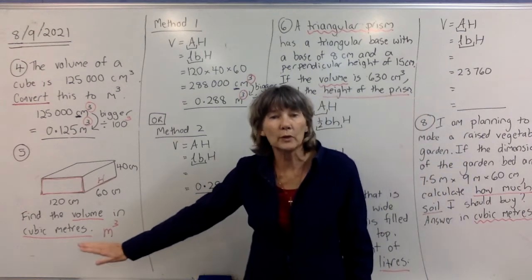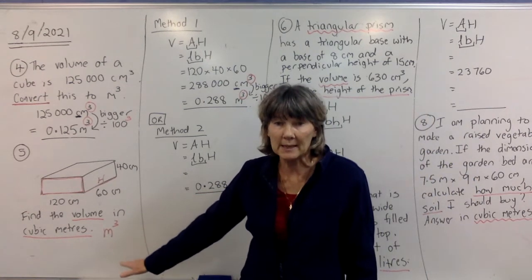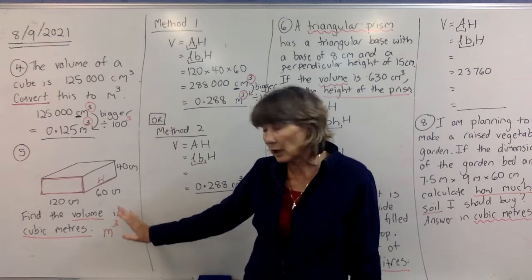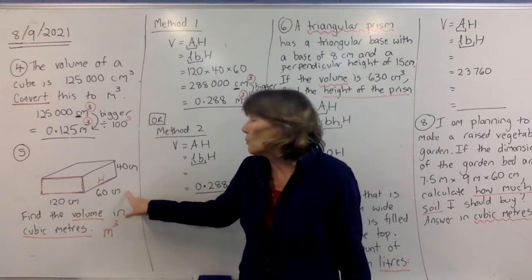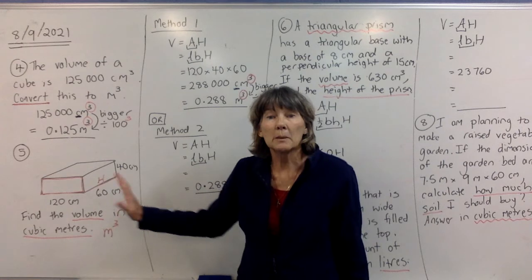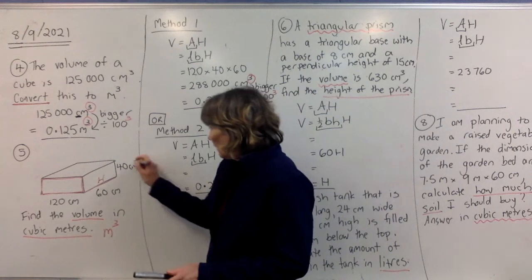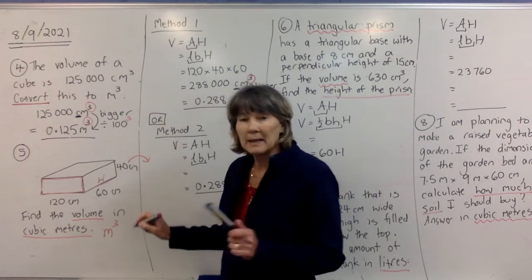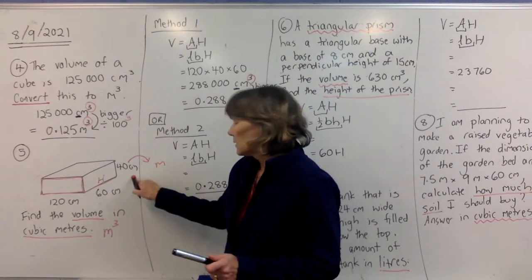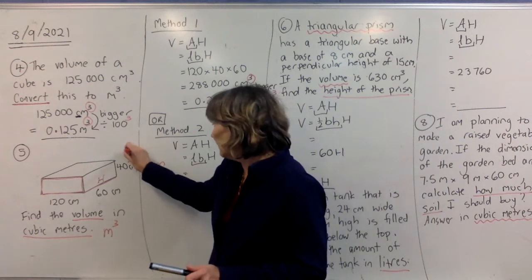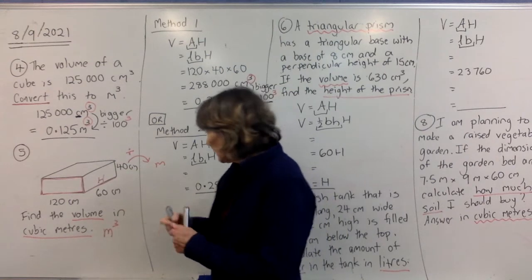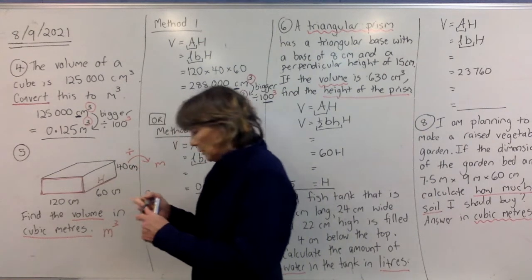Okay, now there is another way we could do this. If you spot that you've been given your answer in cubic metres at the beginning, you can change every one of these to metres first. So if we do that, we're going to change our 40 centimetres to metres. Going to a bigger unit, we're dividing by 100, since centi is 100.